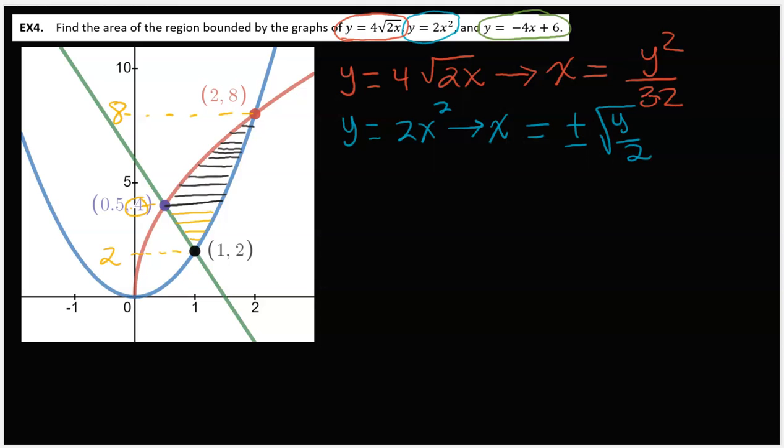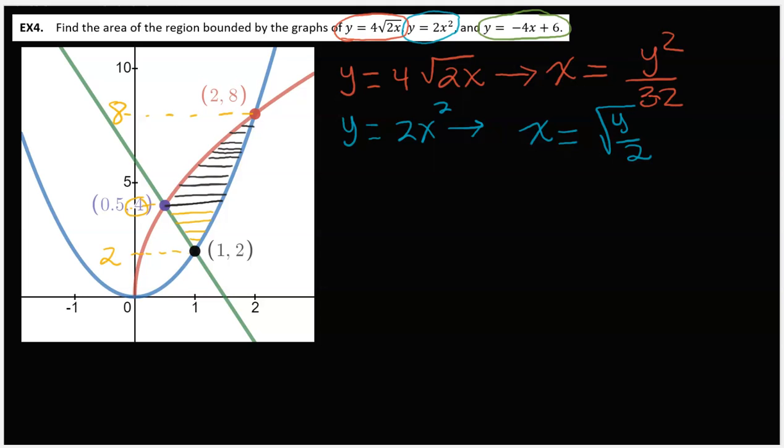But we know that we are looking at the x value on the right-hand side, so the x value is positive. We can just take the positive square root of y over 2 and not the negative. Even though solving for x gives two values, in our graph we are only considering the one on the right-hand side, which is the positive square root of y over 2.